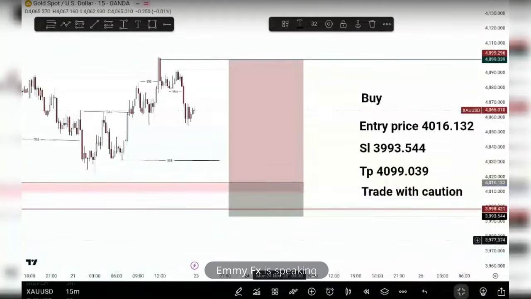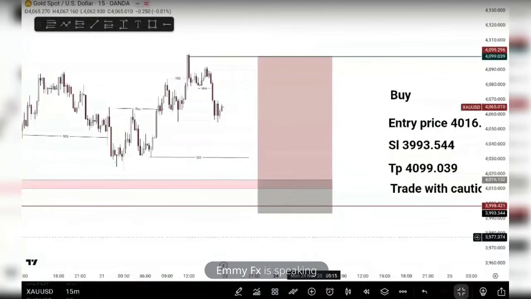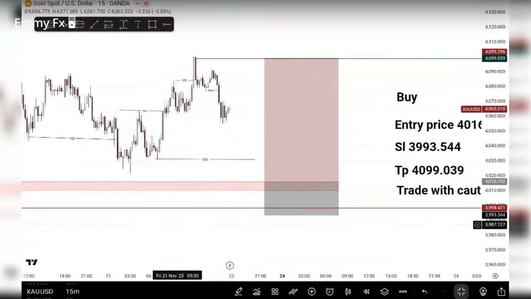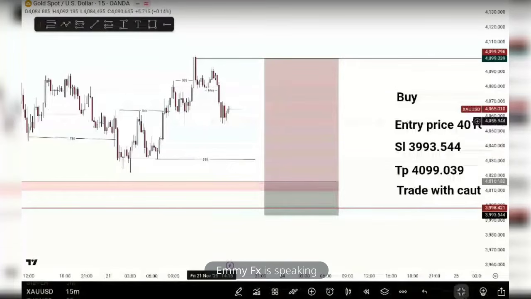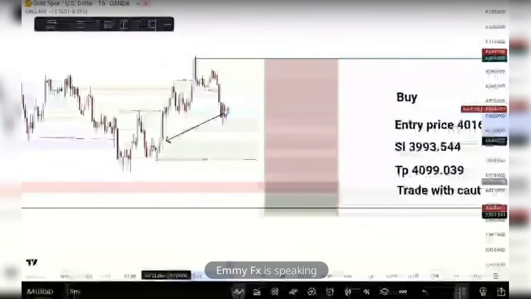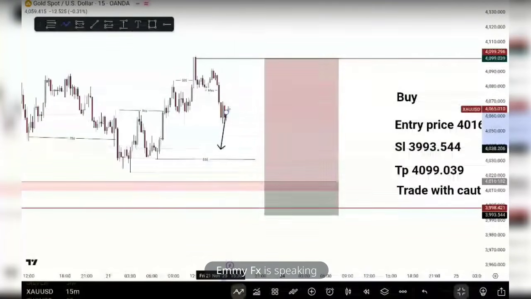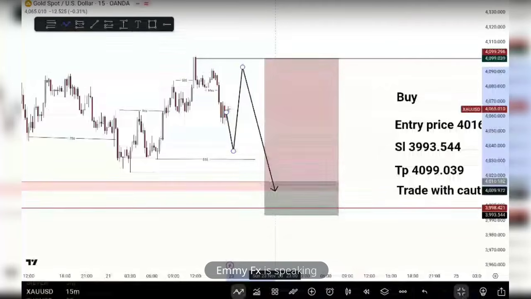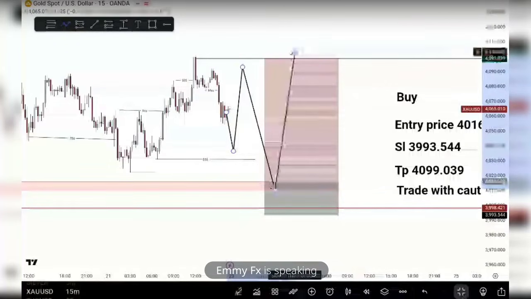Now, if the market opens tomorrow, this is what I want the market to do first. I want the market to react from this demand zone and give us a reaction from this order block, and move straight to the upside.